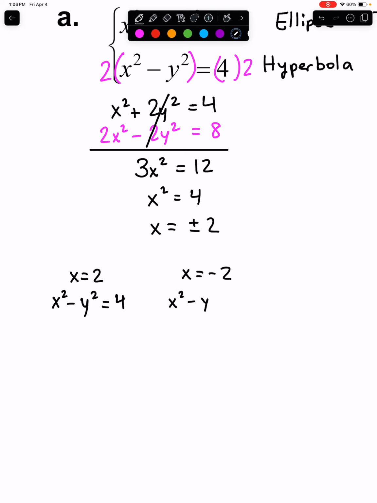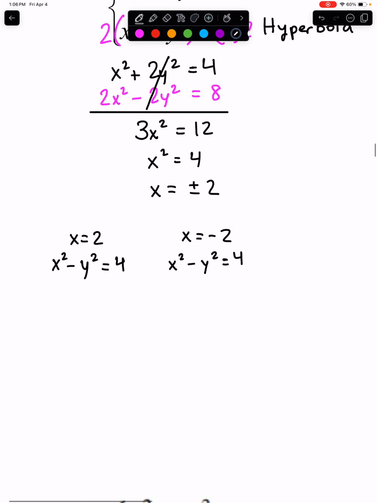Solve for y. When I plug in positive 2, 2 squared minus y squared equals 4, so 4 minus y squared equals 4. So this is y squared equals 0.